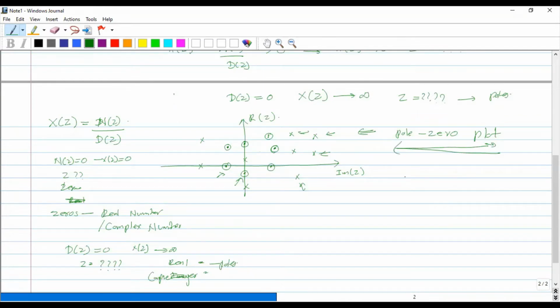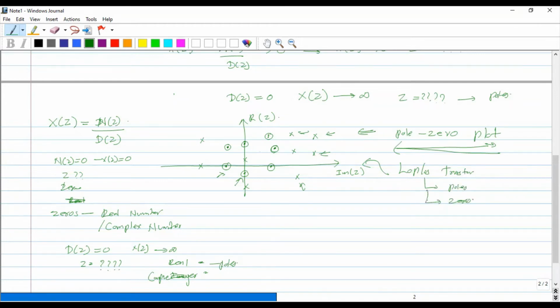Later we will see what the advantages of the pole-zero plot are. I think you already know, if you learned the Laplace transform, you have searched for poles and zeros.